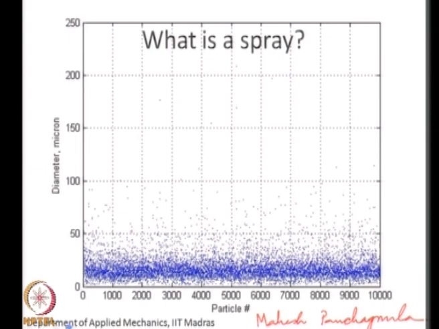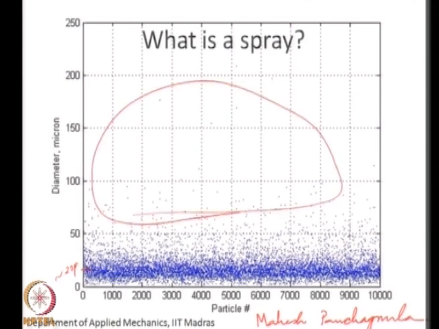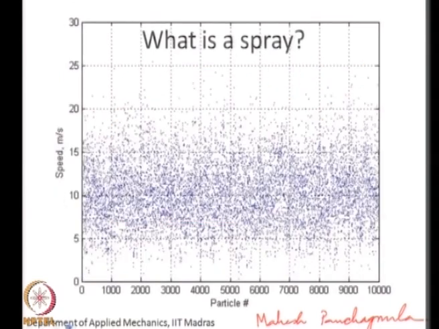This is an example of drop size distribution in a spray. There are drops that are mostly somewhere between 10-20 microns, but there are also a few drops that are very large. So, you are going to have a very polydisperse collection, and that is by definition.